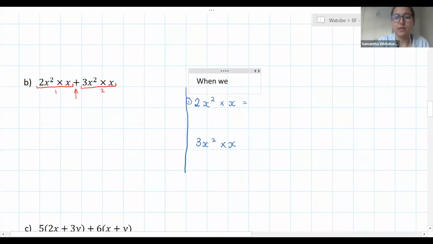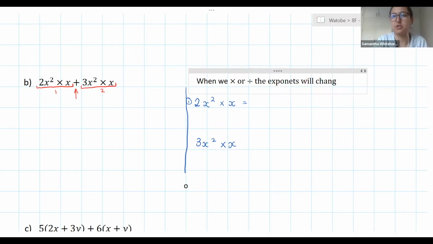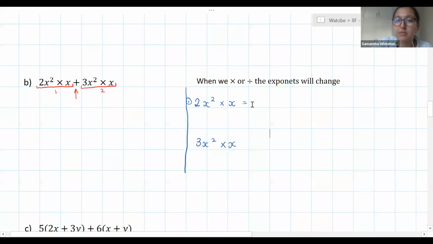When we multiply or divide, the exponents will change. So only when we multiply or divide will our exponents change. And in this case, because I'm multiplying, I am going to see an exponent change.